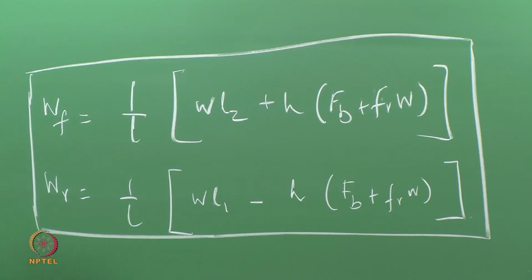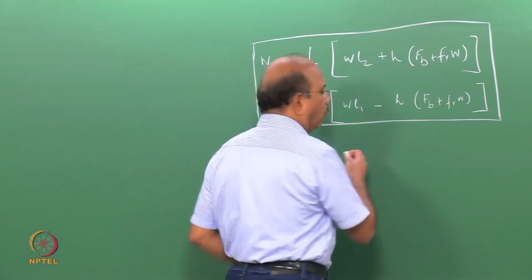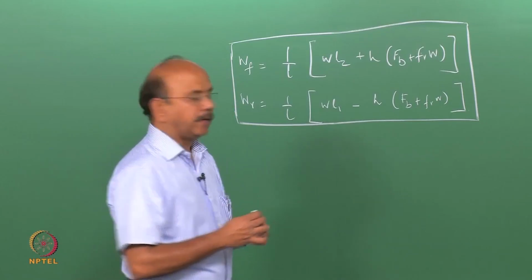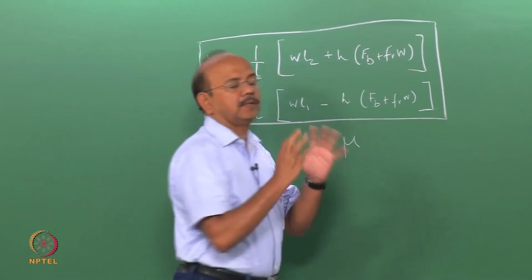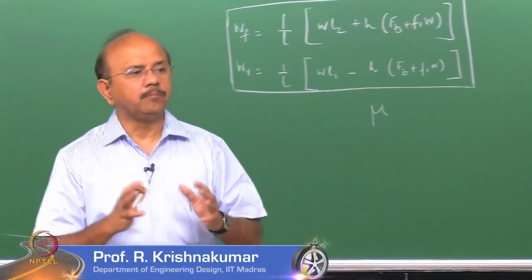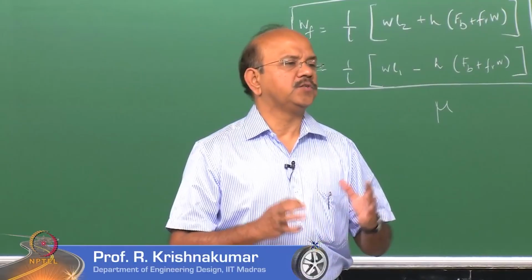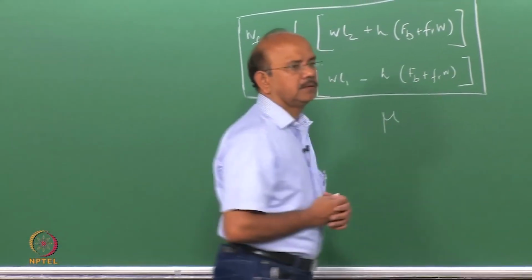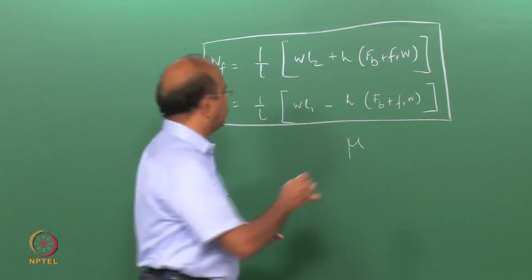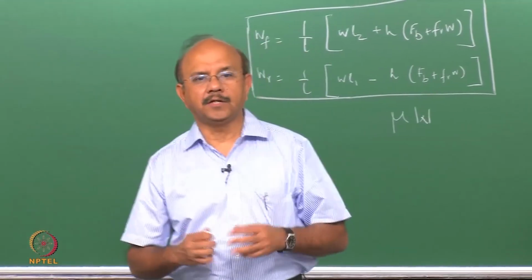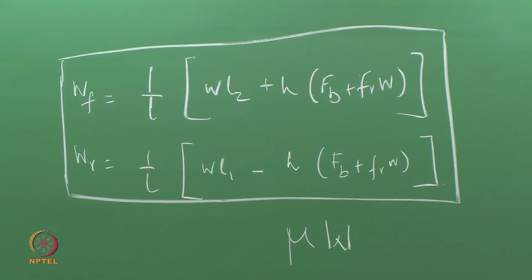We went to the next step, and we said that we can dump the whole concept of this tire-road interaction into a factor called mu, which is very similar to your well known Coulomb's friction, and said that W multiplied by mu will give me a limiting condition for the wheel to lock.